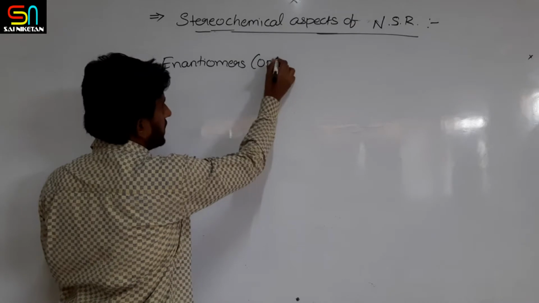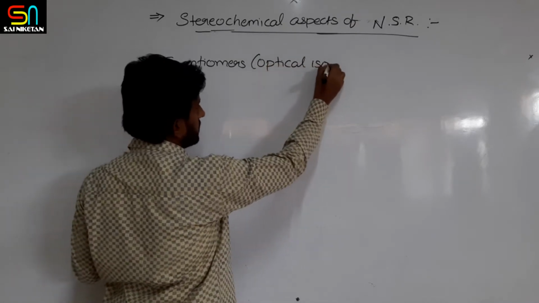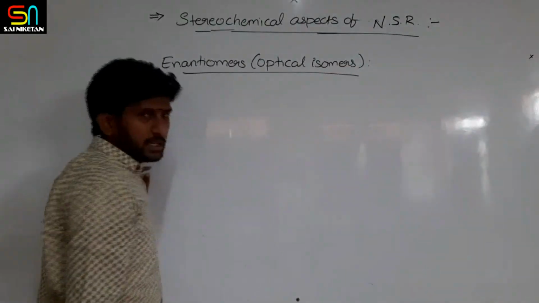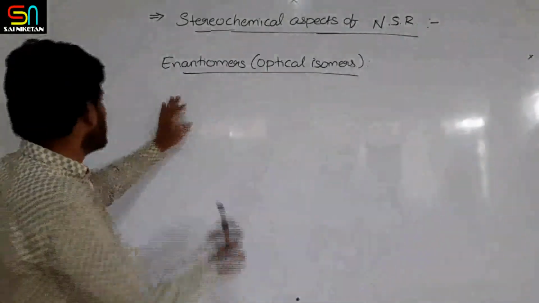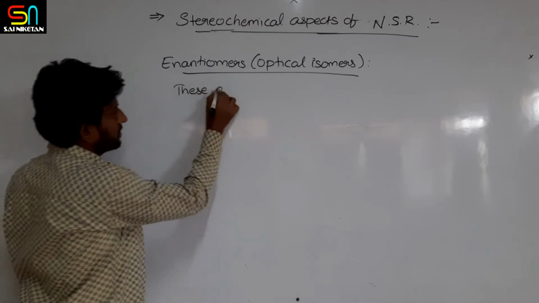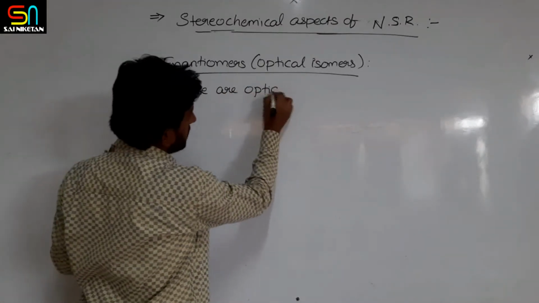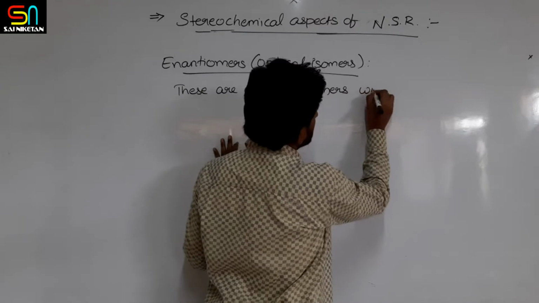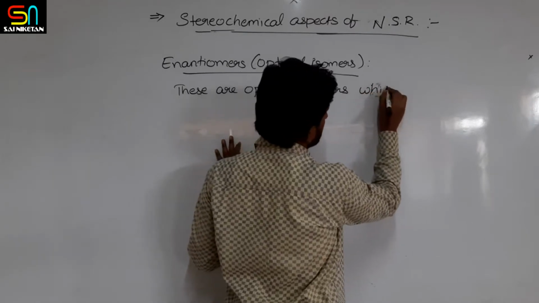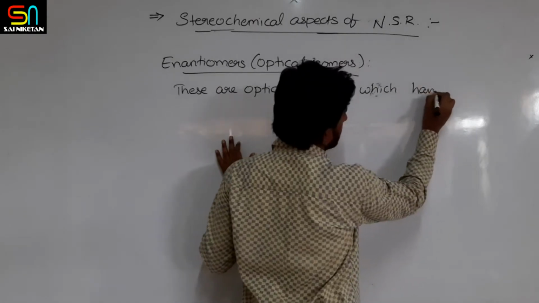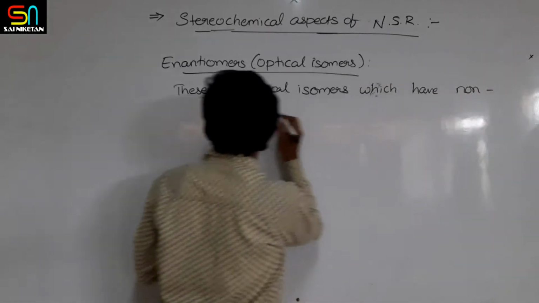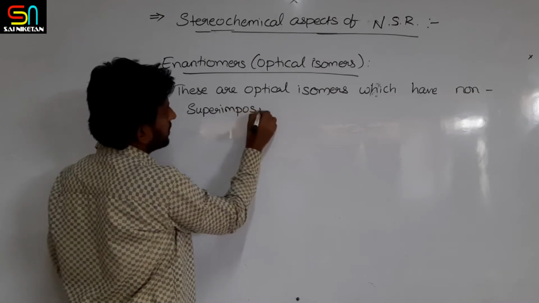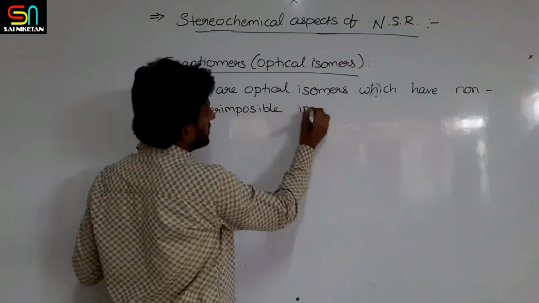Enantiomers can also be called optical isomers. Basically, enantiomers are optical isomers or stereoisomers which have non-superimposable mirror images.